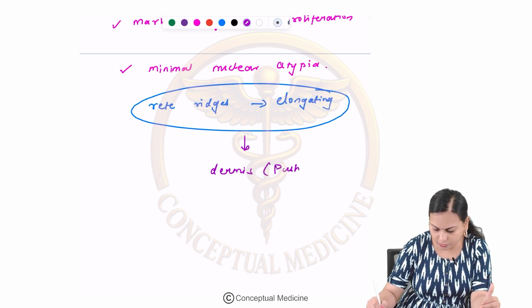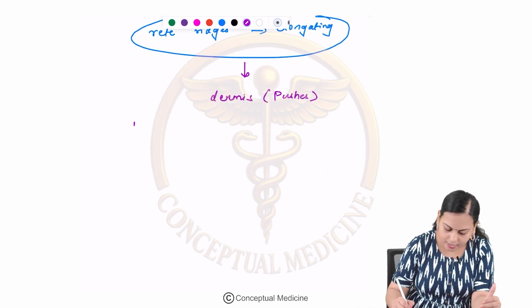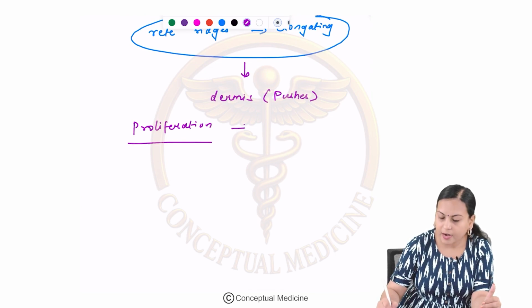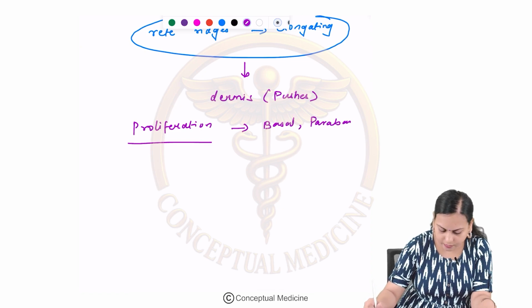Okay, it usually pushes the dermis rather than an infiltrating pattern, and proliferation is primarily seen at the basal and parabasal layers.